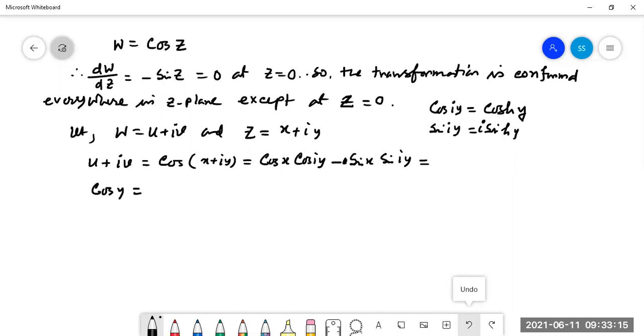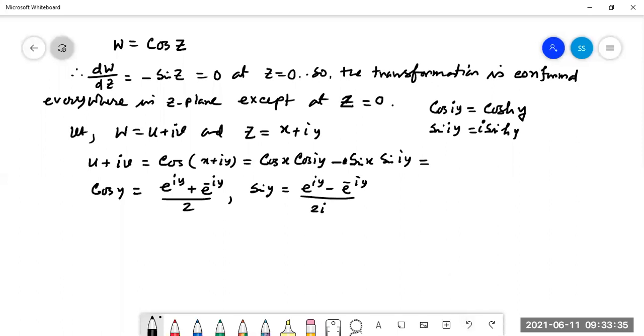What is the value of cos y? E to the power IY plus e to the power minus IY by 2. And sin y equals e to the power IY minus e to the power minus IY by 2i. Cos hyperbolic y means e to the power y plus e to the power minus y by 2, and sin hyperbolic y means e to the power y minus e to the power minus y by 2.